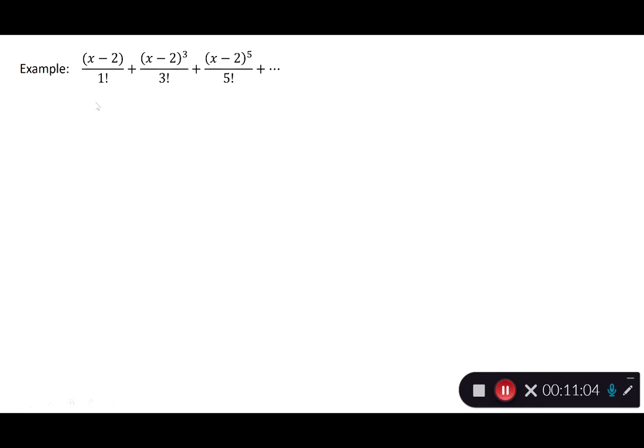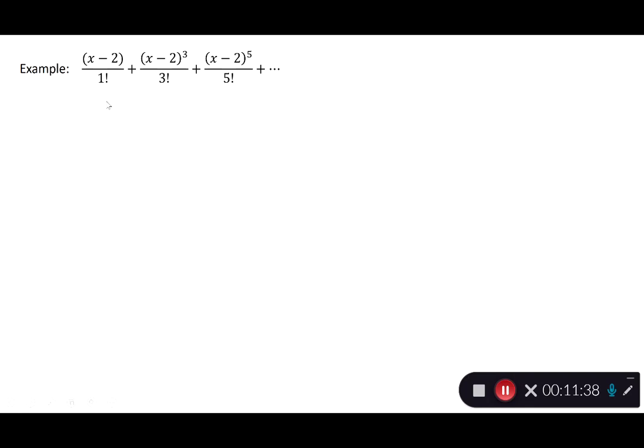C sub 1 is the coefficient of x minus a, which means the constant that is multiplying x minus a, or x minus 2 in this case. And that constant is 1 over 1 factorial. So C sub 1 is 1 over 1 factorial. What is C sub 2? C sub 2 is the coefficient of (x minus a) squared, or (x minus 2) squared in this case. What's the coefficient of (x minus 2) squared?